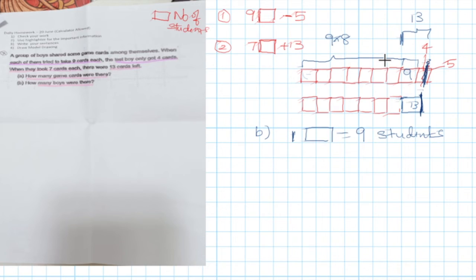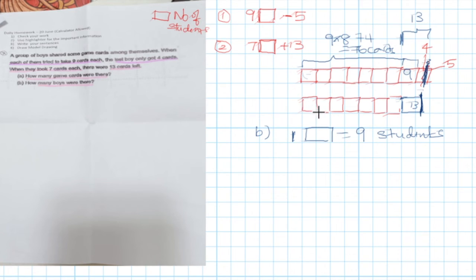Yes, 9 times 8 plus 4, because this student doesn't have the full 9 cards, it only has 4 cards, so you have to plus 4. It will give you how many cards? 76 cards.